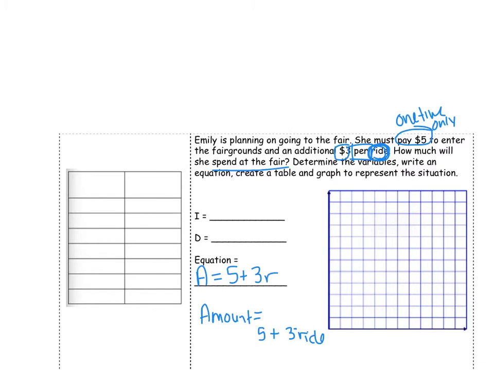In this case, we're not just going to pick a random amount. Our amount depends on how many rides we take. So our dependent variable is A, the amount she spends. And our independent variable is the number of rides.